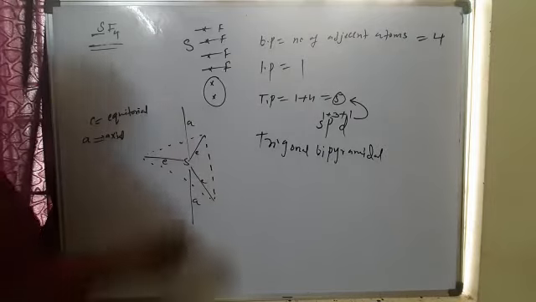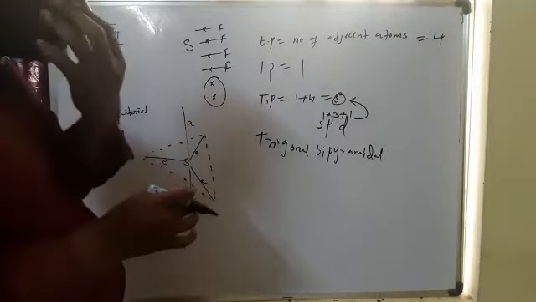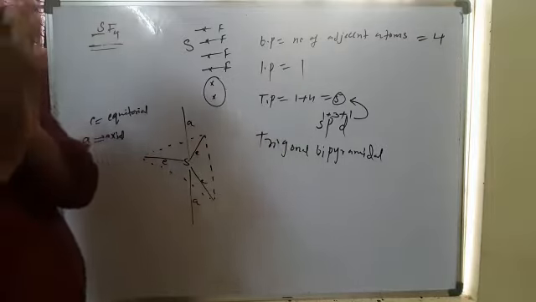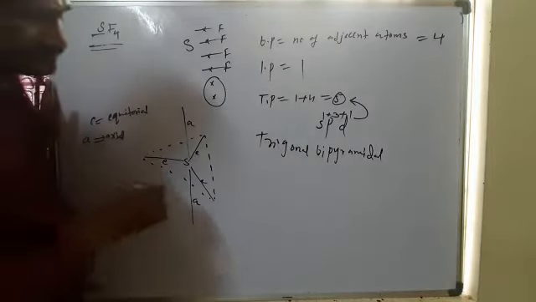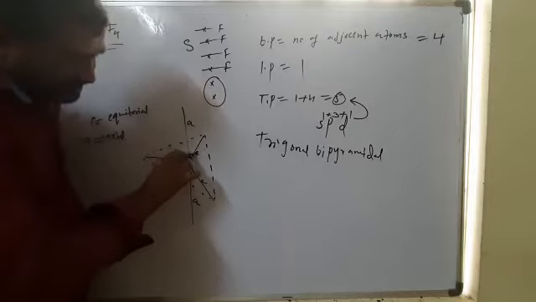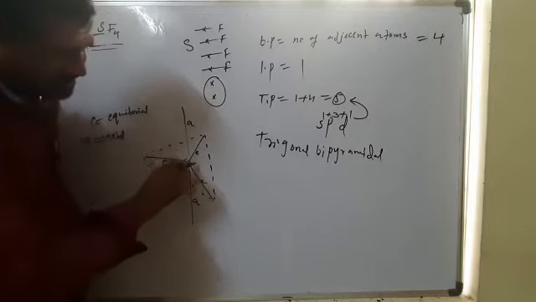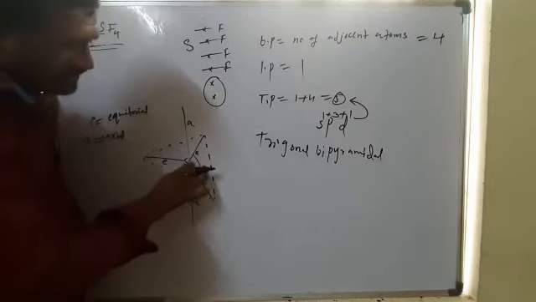The lone pair causes more repulsion. Between equatorial positions, the angle is 120 degrees.